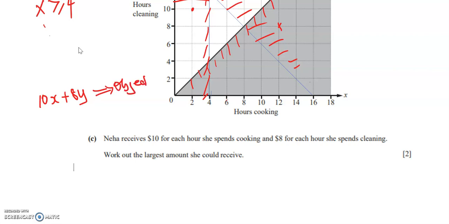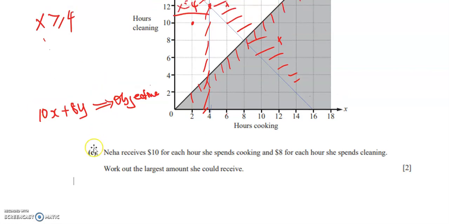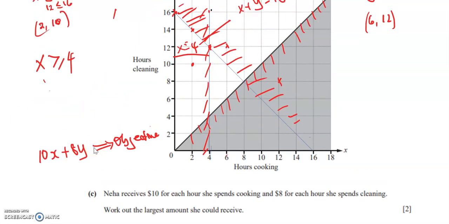So the easiest way to get this is to pick the corner points. If it is maximization, make sure that you pick the corner points. So I'm going to pick (8, 8), and I'm going to pick (4, 12).